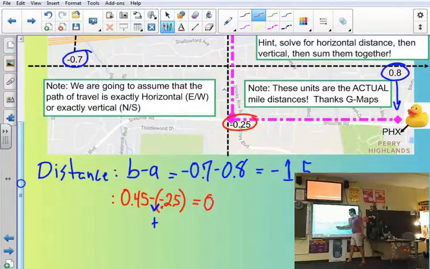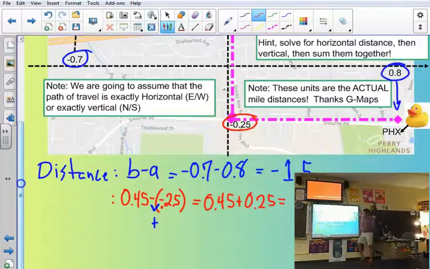That gives me 45 hundredths plus 25 hundredths. Forget the fact that they're hundredths for a minute. What's 25 plus 45? Yeah, 70. So then make them hundredths again. Do I need this last zero? No. So I could either say 70 hundredths or 7 tenths.